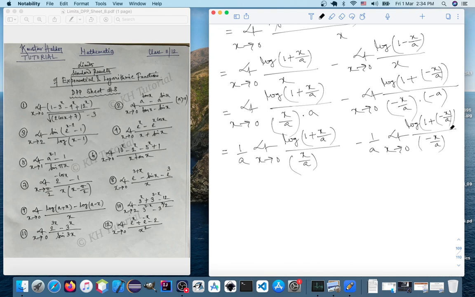We are getting the standard form where log of 1 plus f(x) by f(x) when f(x) tending to 0 is 1, where f(x) over here is minus x by a, which is tending to 0 when x tending to 0. Over here, the f(x) is x by a.